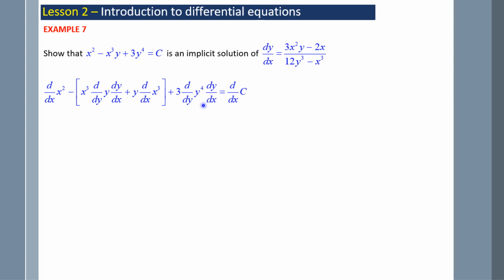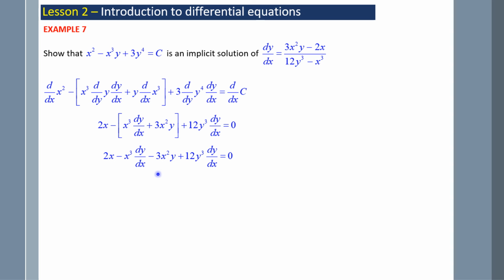And implicitly differentiating here, we have d/dy of y to the 4 times dy/dx, and a constant, when we differentiate, is going to become 0. So d/dx of x squared is 2x. We've then determined u v dash and so on. The next step is to remove these brackets, so we're going to subtract this and also subtract this.